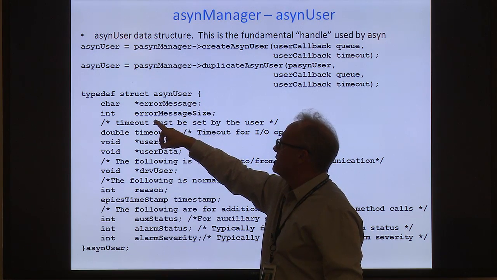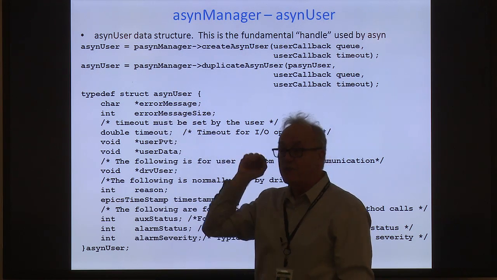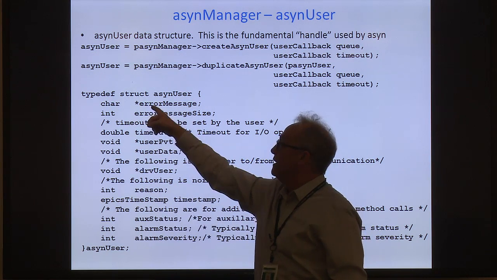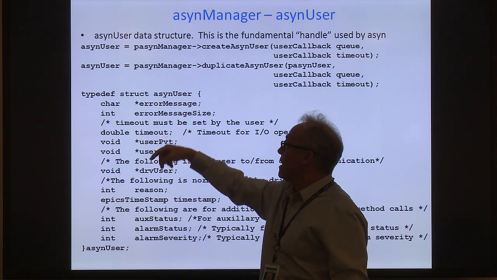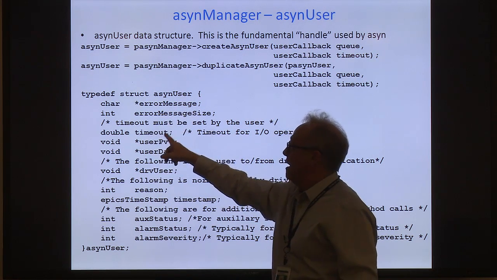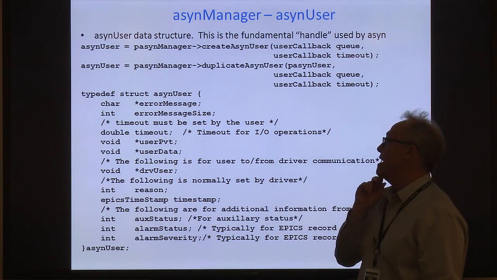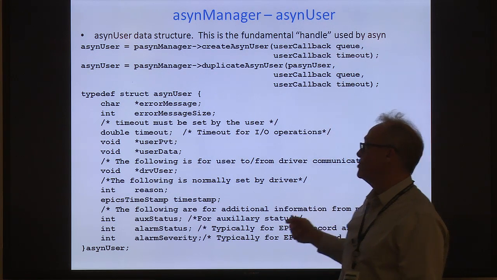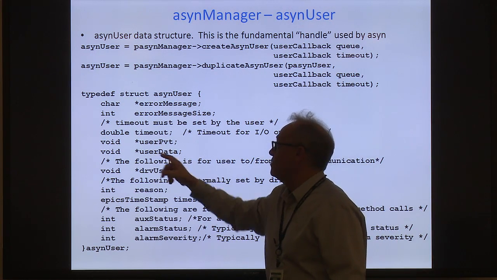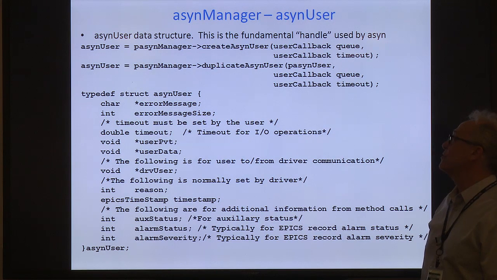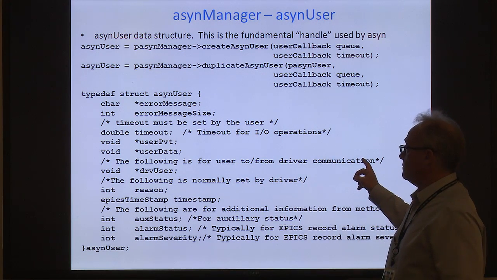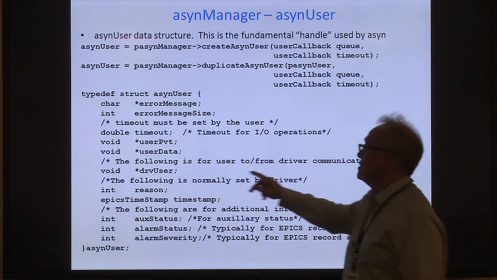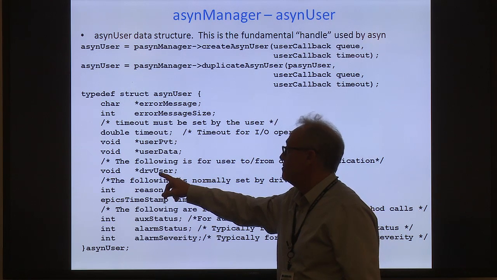There's an error message: if you call the driver and you get an error, it'll put the error message in this part of the structure, along with the size of the error message. A timeout, this is where you can set the timeout for a particular I/O operation. There are some pointers for user private usage here, and then there's a pointer that the driver can use.